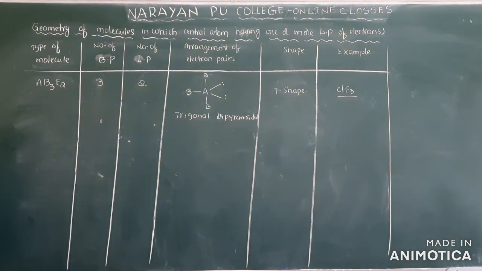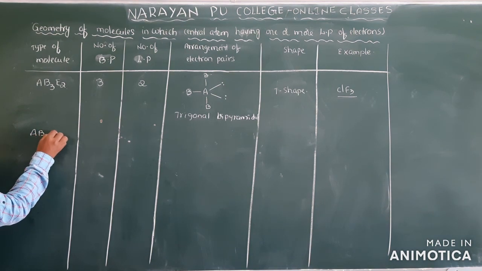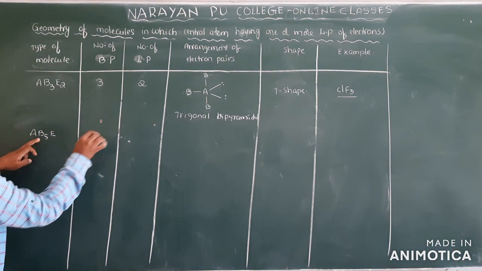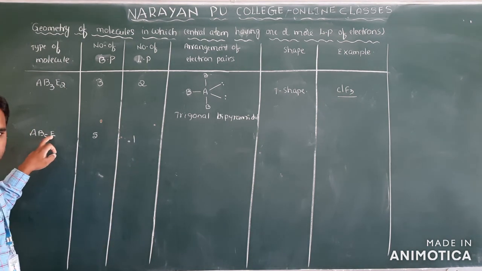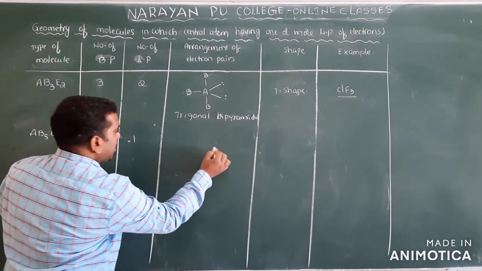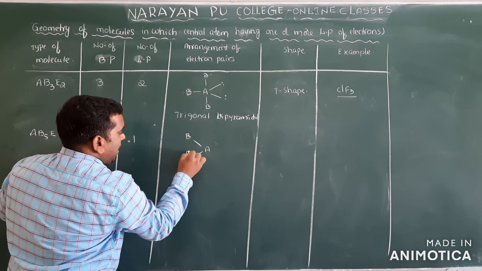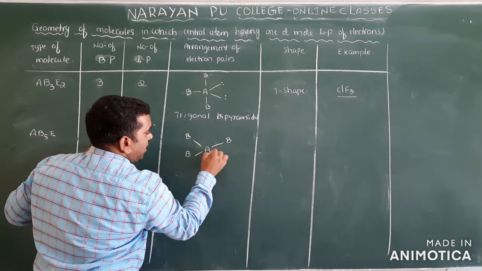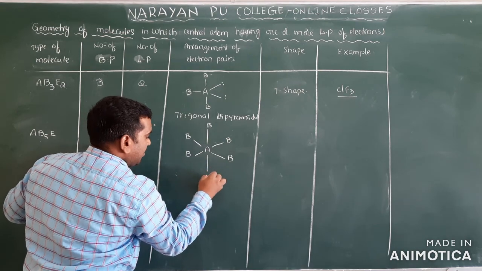And the next one we will take is AB5E. Means how many bond pairs? 5 bond pairs, 1 lone pair. Octahedral structure, clear no? We have already discussed the octahedral structure. So here, A, and I will write B here, and B and B, this is B, and here I will keep 1 and there will be 1 more.